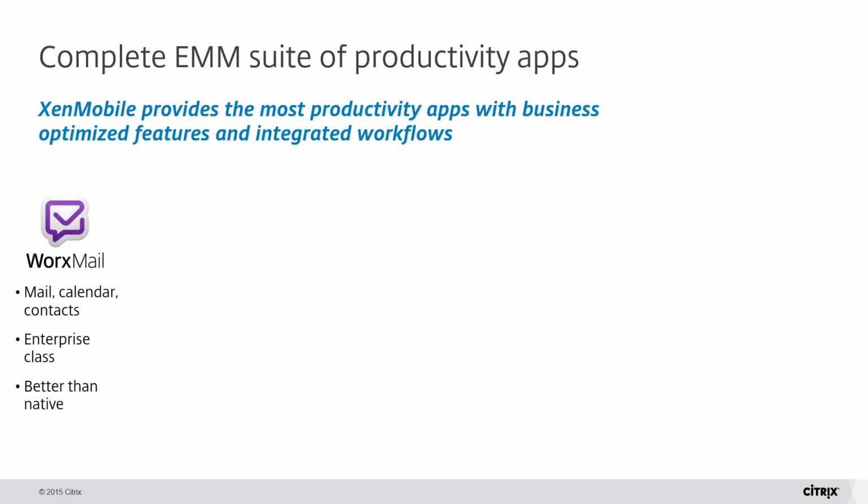Now, when it comes to the productivity apps, let me explain a little bit more about what every single app is and how it behaves on a XenMobile solution. The first one is the Worksmail app. The Worksmail is our native in-house application that we create at Citrix and provide to the customer, to make sure that you can deliver those apps to your mobile users.